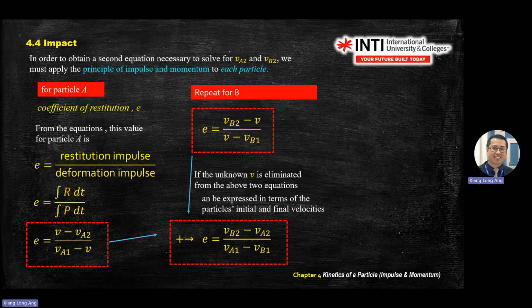Okay, so what's important? You understand the definition of coefficient. And then how you get this one is from the principle of linear impulse and momentum for those particular bodies, divided by deformation impulse. Then from there you derive the rest of the equation. Okay.